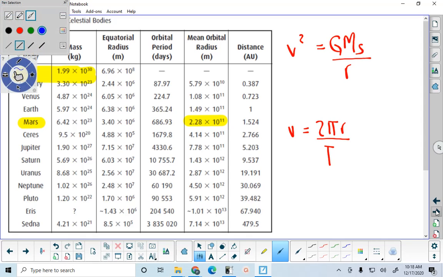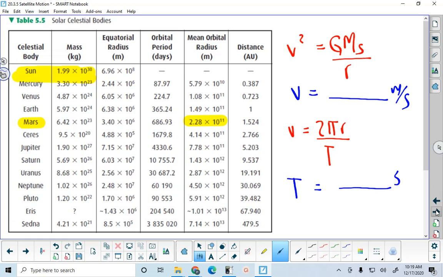And again, what you were working on here, everybody, is finding the orbital speed in meters per second using the first formula so that you can find the orbital period in seconds. And we're going to go even further here, and I'm going to ask you to work out how many days the orbital period is.